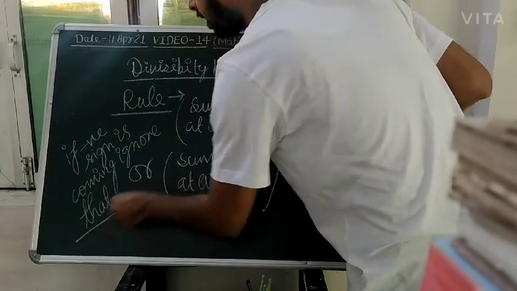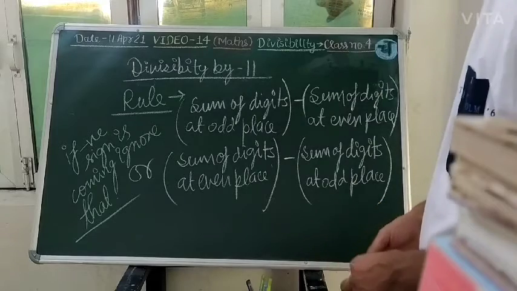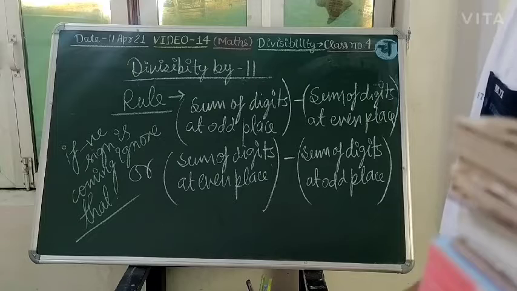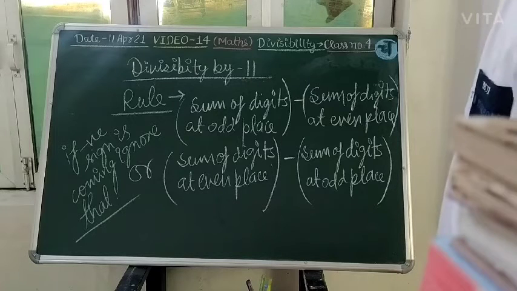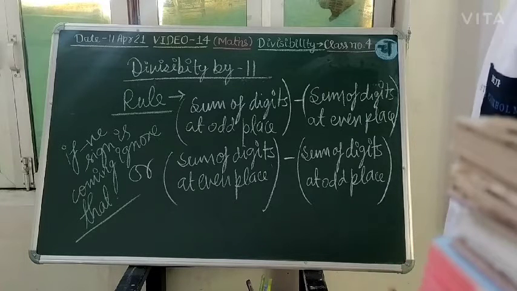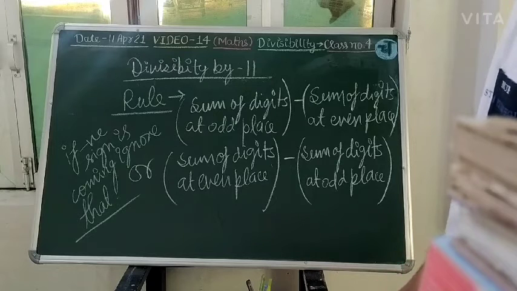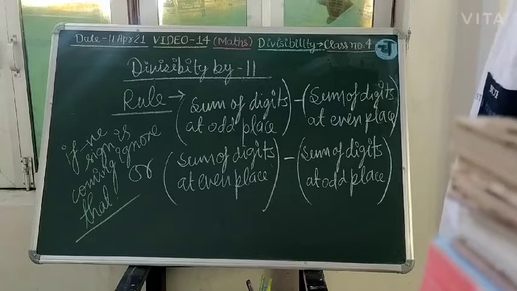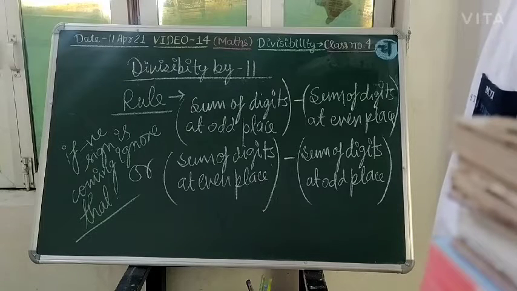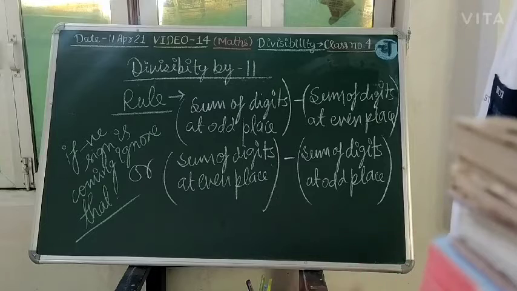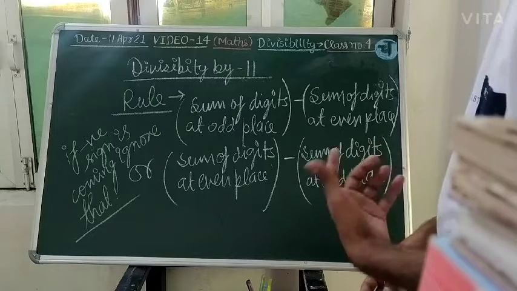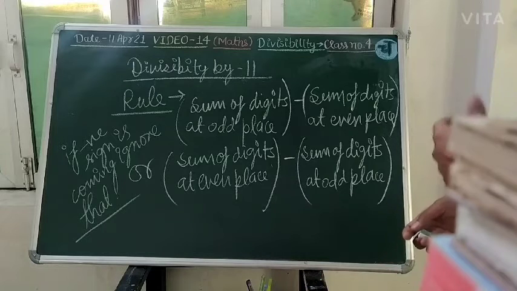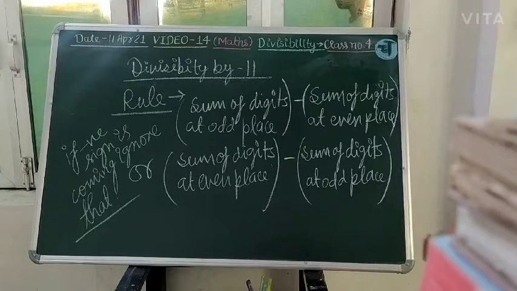So these things I have discussed in the recapitulation. Please listen and try to learn in the way I have discussed, within 2-3 minutes. You must be able to tell the divisibility rules of the numbers which I discussed in the previous videos in an elaborated way.